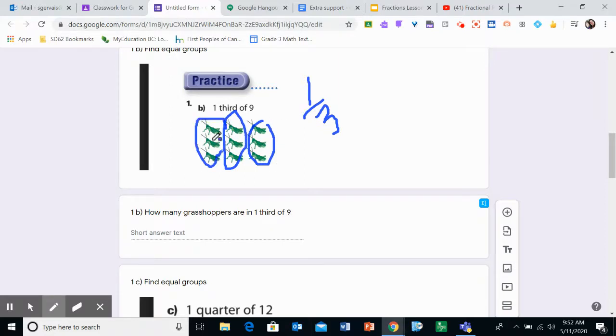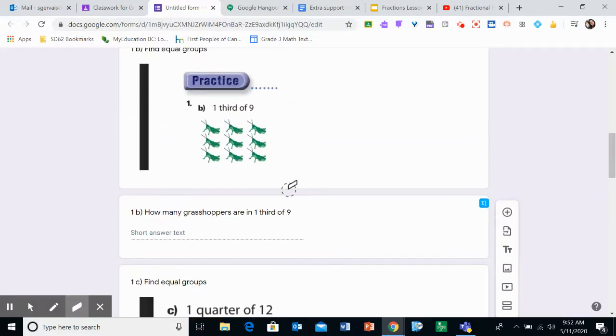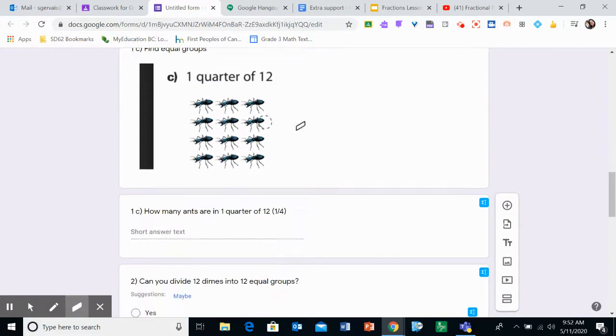So how much is in 1 of the 3 parts? All right. 1B. How many grasshoppers are in 1/3 of 9? You write the number here.